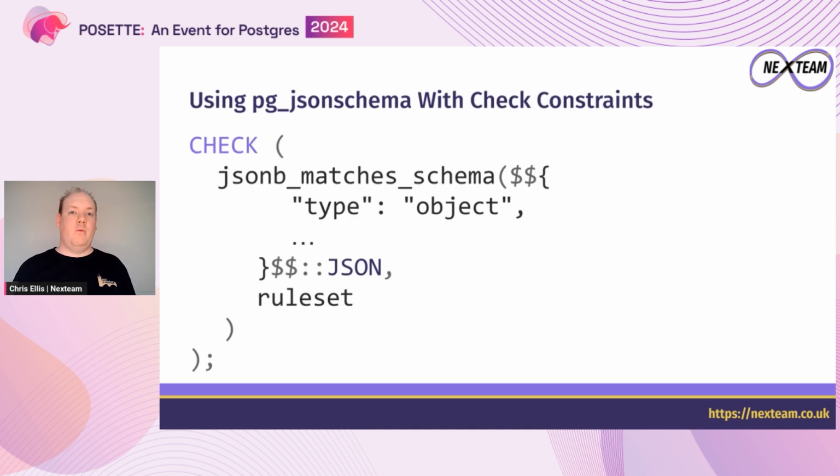And then we can define check constraints just in the way of this, where we can specify that we're going to use the jsonb_matches_schema function. We're going to provide it the schema, and that's just as a JSON text blob. And then we're going to specify the value we want to validate, and it's going to, under the hood, go and do all that validation.